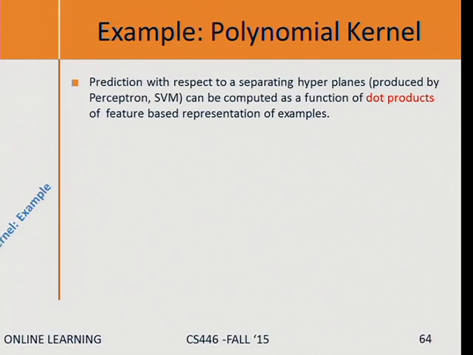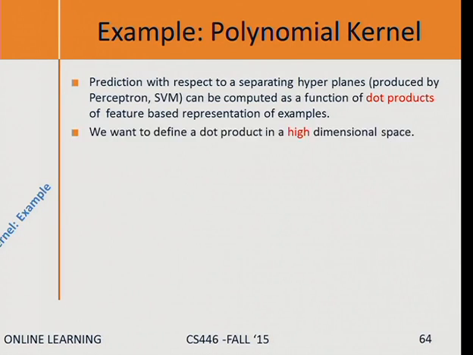And we know, because I showed you this dual representation, that this prediction can be computed as a function of dot products of feature-based representation of examples, right? This dot product between X and Z's.